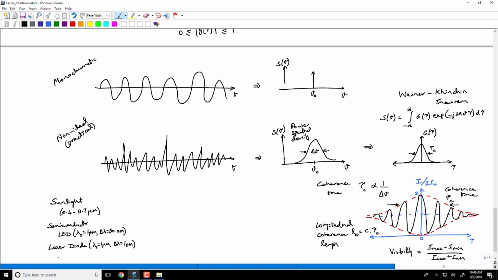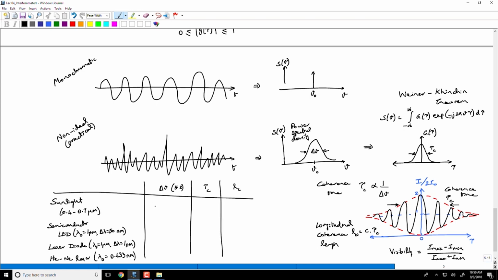And we also consider a helium neon laser, which has lambda naught of 0.633 micron, and delta lambda in the order of picometers. We consider all of this in terms of delta nu in hertz, and look at coherence time and the coherence length.